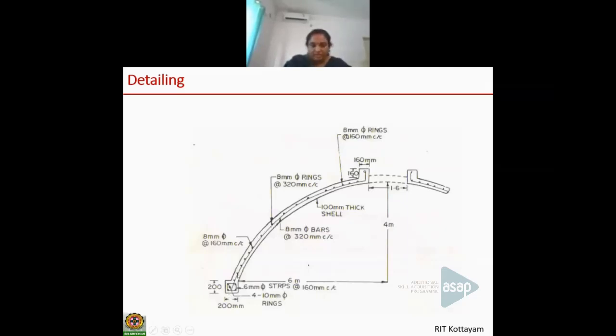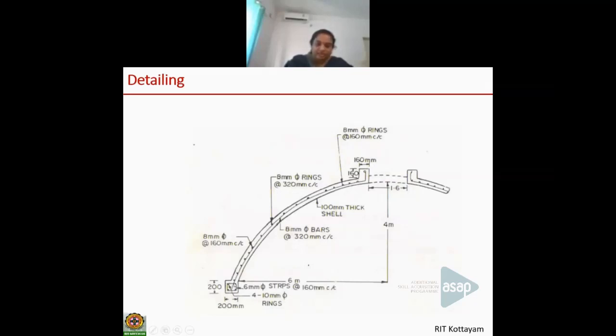At the hoop steel, you know that at the edges where the stresses are tensile, we will have lesser spacing, and then as we go to the compressive regime, the spacing increases to 8 millimeter at 300 millimeter center to center. This is the ring beam that we have designed, right?